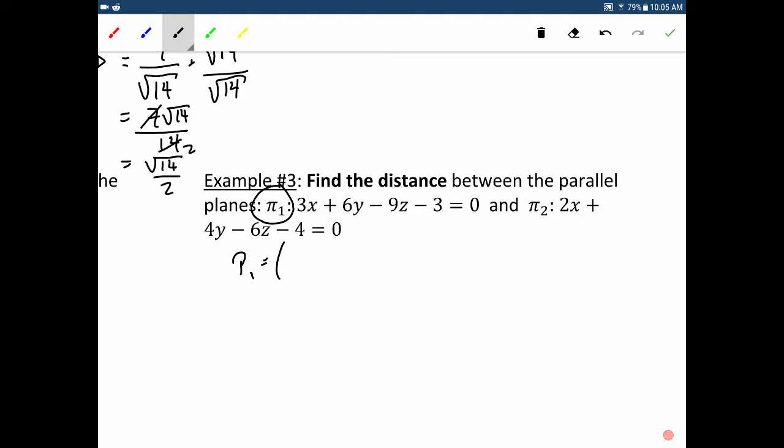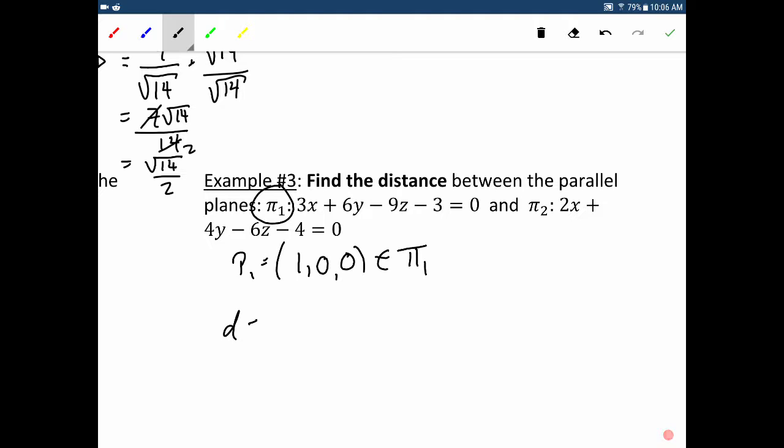It's going to give us 1, 0, 0. Find the x-intercept, and you could use any point. Usually the easiest way is to find one of the intercepts, because then you're dealing with zeros. And that is on plane 1. So now I just have to find the distance between that point and plane 2.